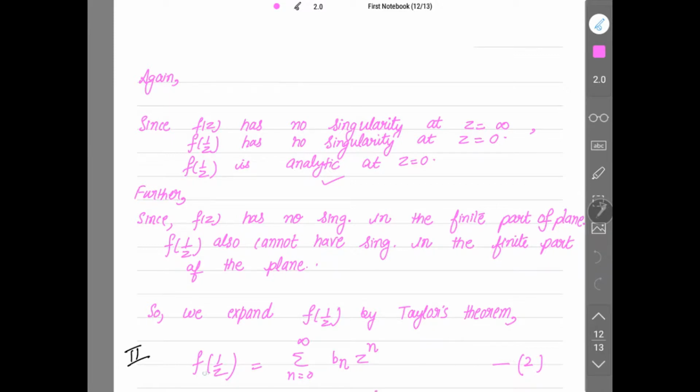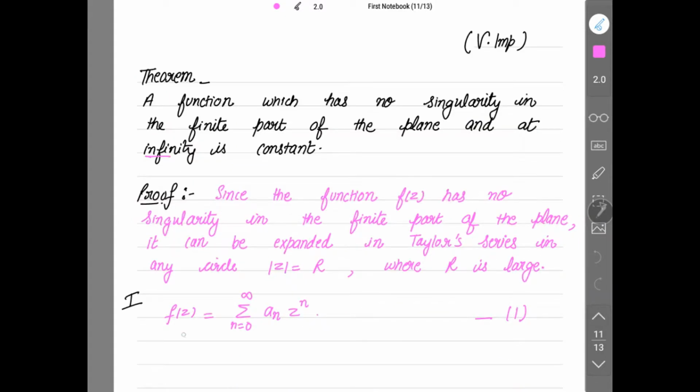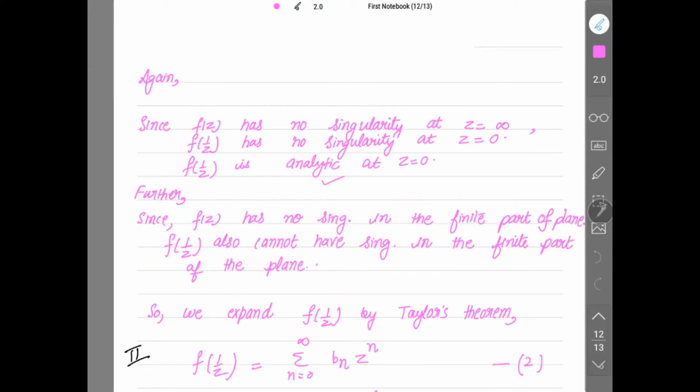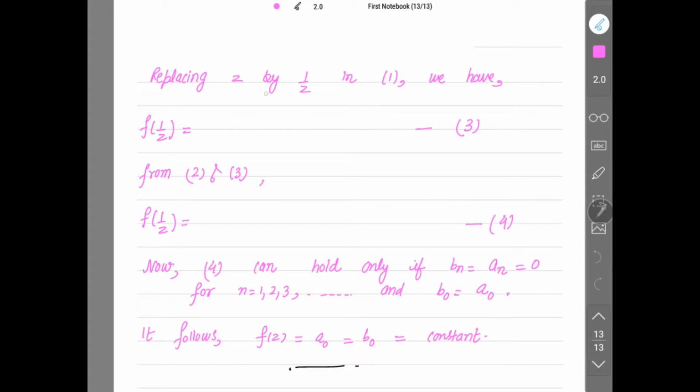Now because I'm having f of 1 by z over here, from 1 I have to replace this z with 1 by z so that I can equate both these two equations, right? So in the next step I'm going to replace z with 1 by z, and I'm getting here 1 over z to the power n. So replacing z by 1 by z in 1, we have f of 1 by z is equal to summation n going from 0 to infinity a_n over z to the power n.